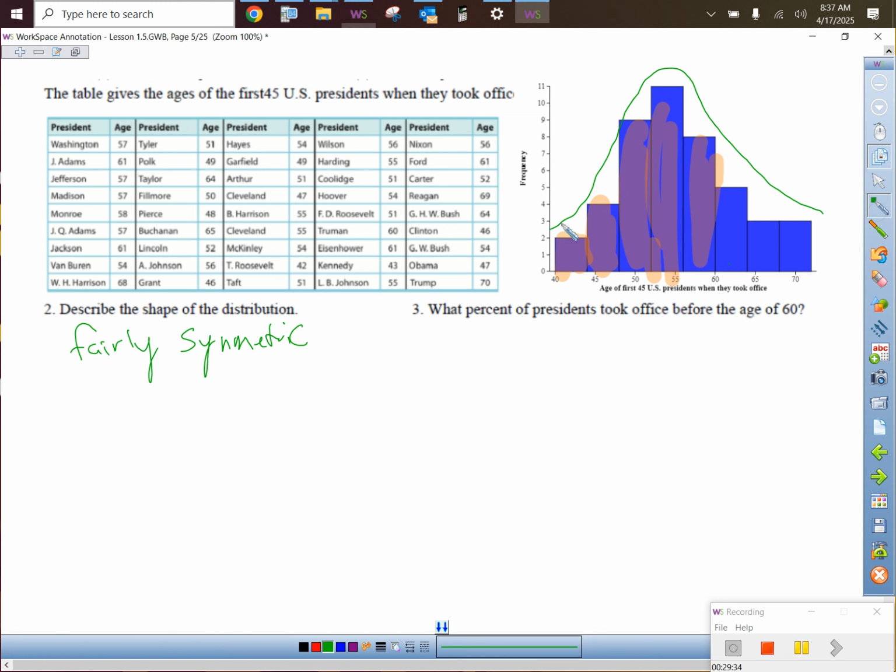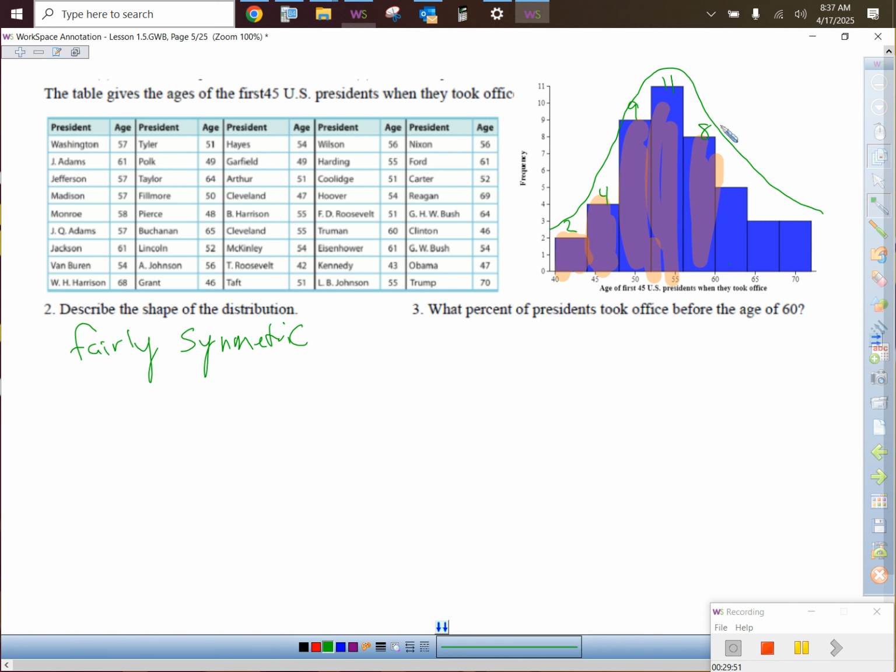So here it is. How many are in there? It's tough for you to see, I know. There are 2. There are 4 right there. There are 9 right there. There are 11 right here. And there are 8 right there. Are you cool with that? Please add those up for me. That's how many presidents were in those bins.